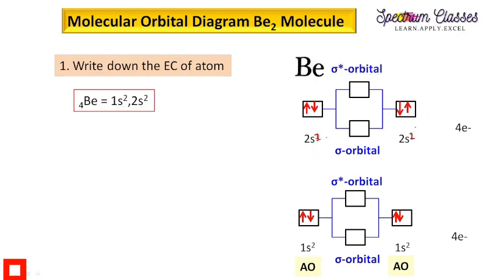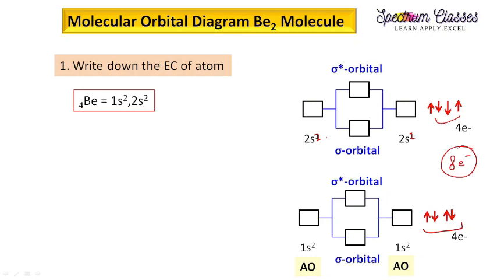Now moving to the filling of electrons. We collect all these electrons. How many electrons are there altogether? 4 electrons are here and 4 electrons are there, which means we have 8 electrons. What order needs to be followed? Electron number 1, 2, 3, 4, 5, 6, 7, 8.